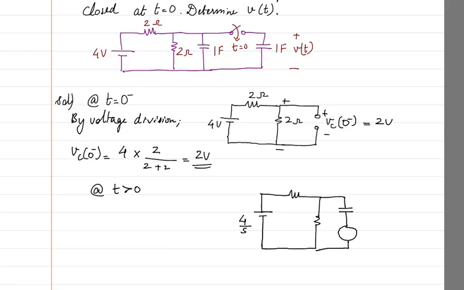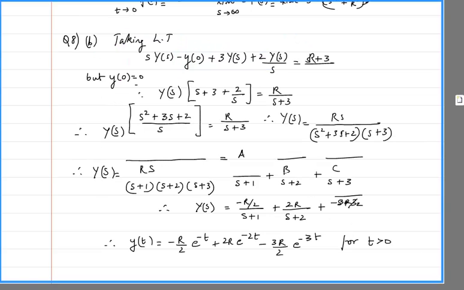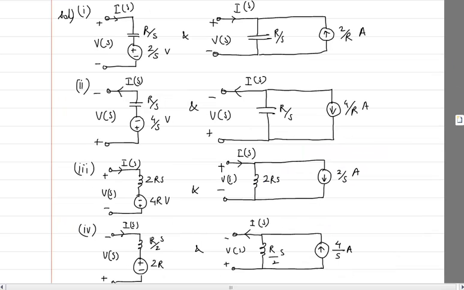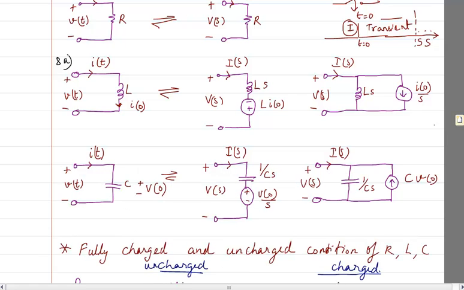It is charged in the same direction, or the polarity that opposes the original battery, which was, this is going to be plus and this is going to be minus. And what is going to be its value? Its value is going to be V naught by S.